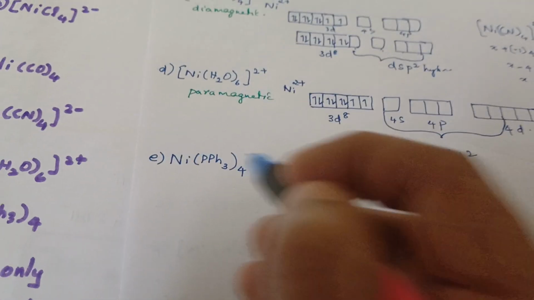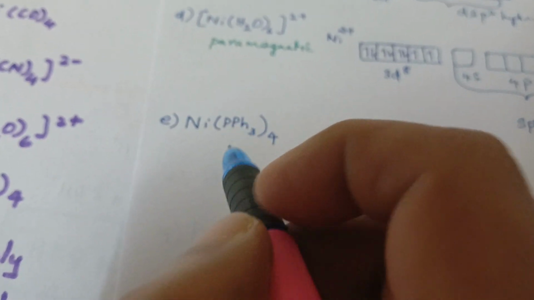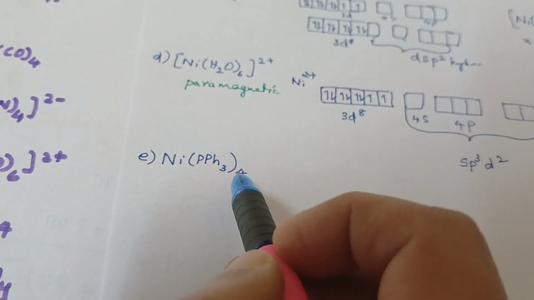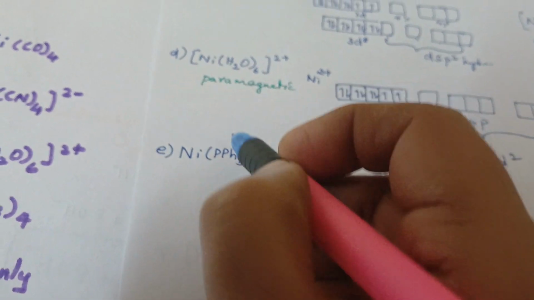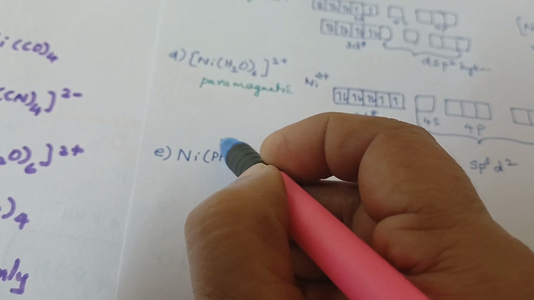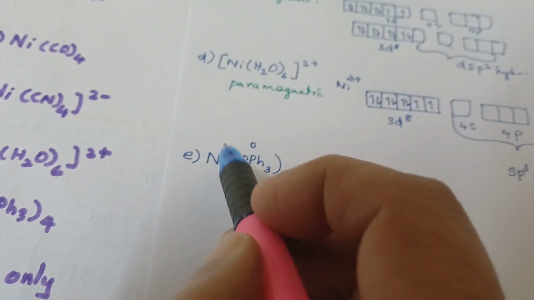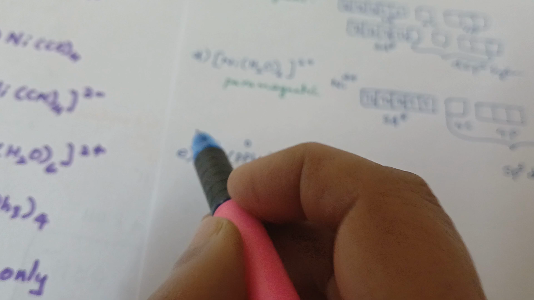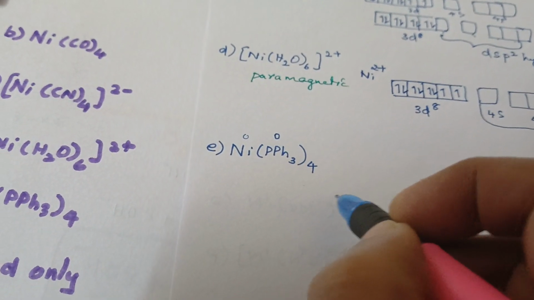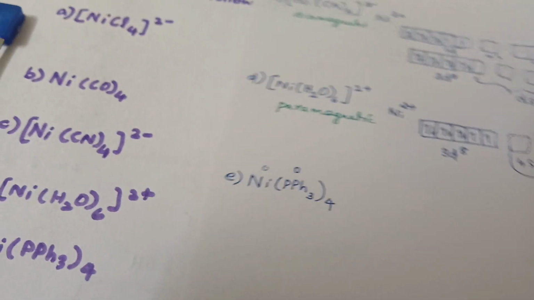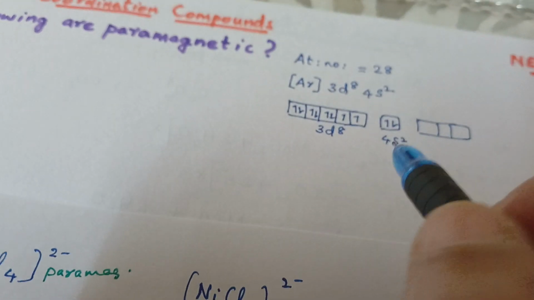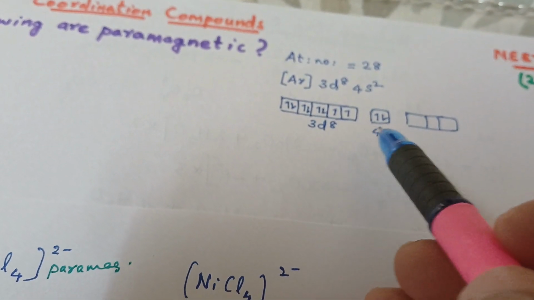Next one is Ni(PPh3)4, that is triphenylphosphine or triphenylphosphane. This is a neutral molecule, 0 oxidation state. So nickel will also be having 0 oxidation state here. That means nickel is having its original configuration, 3d8 4s2.